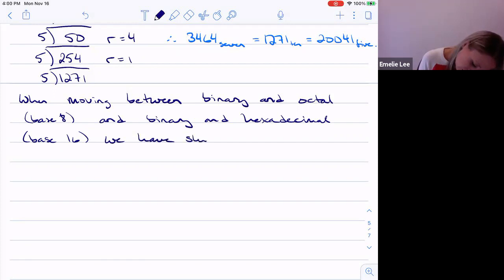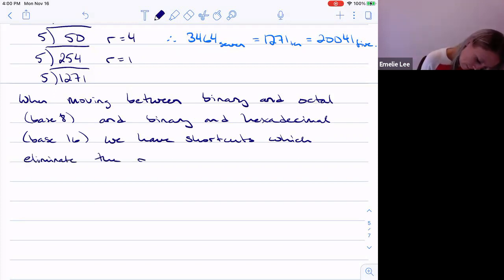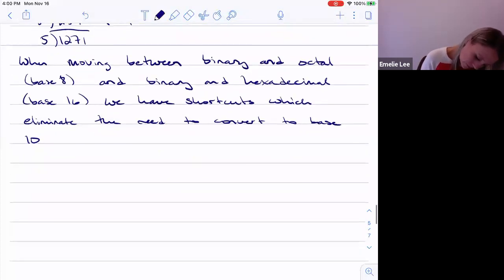We have shortcuts which eliminate the need to move to base 10 before doing the final conversion. So which eliminate the need to convert to base 10 before the final conversion.